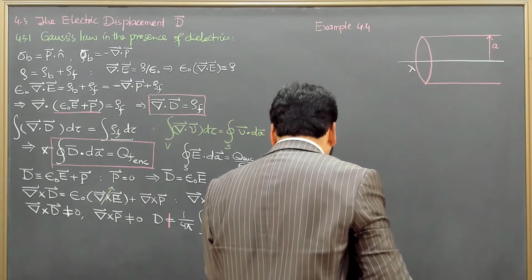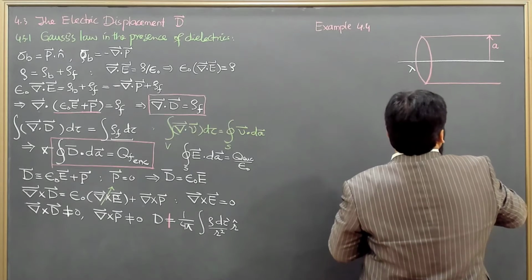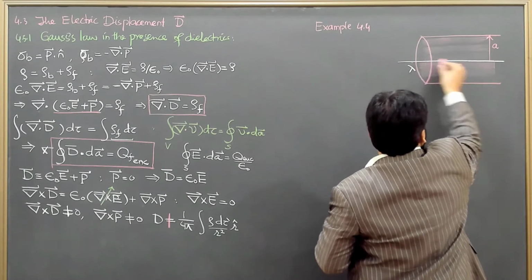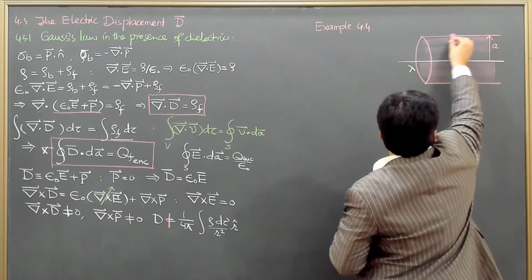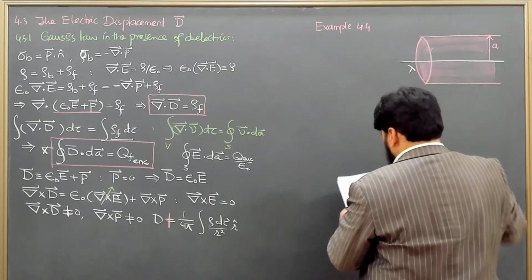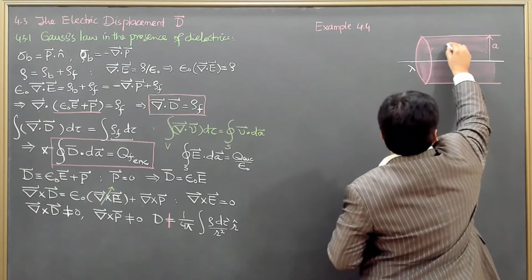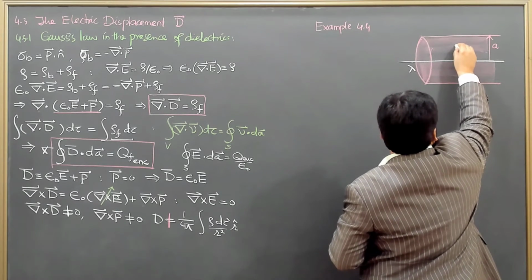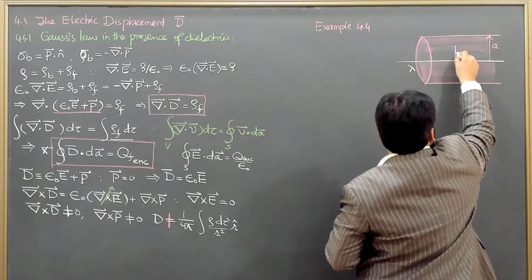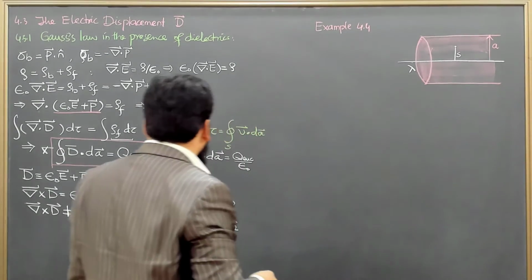And now we are supposed to find out the field. This is the rubber insulation. We are supposed to find out the electric displacement, the field inside this insulation. So let's say we are going to find the field at a distance s from this wire. We will consider the symmetry.